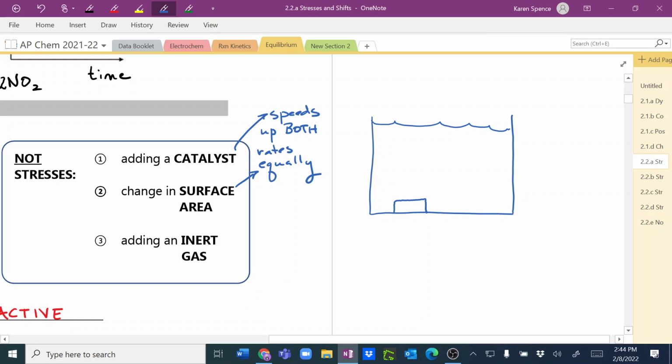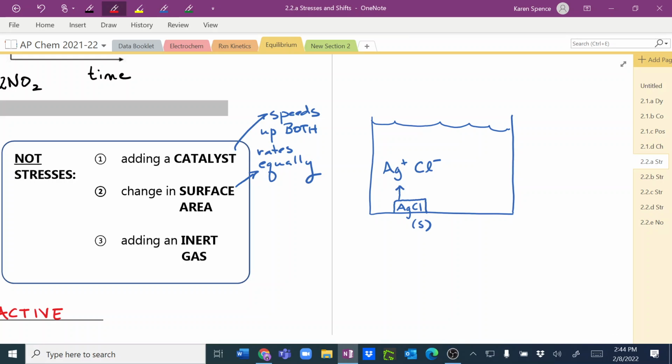Yes? Let's say this is AgCl, solid. AgCl can dissolve and form Ag+ and Cl-, yes?